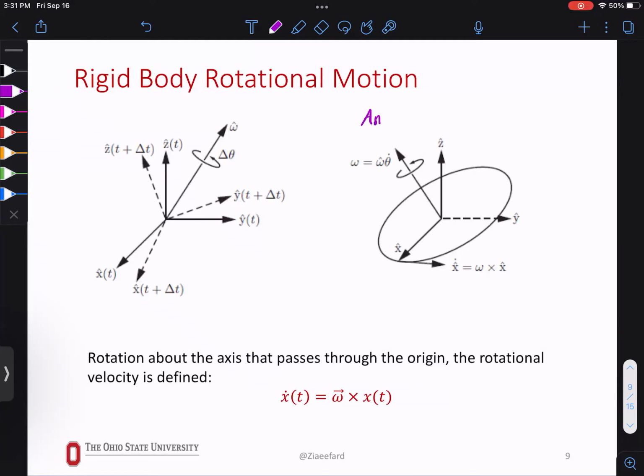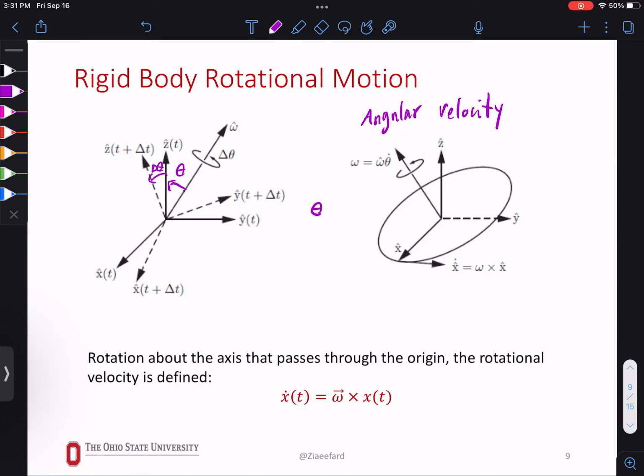Now, angular velocity happens because of the rate of change in the angle of rotation. So let's say you had angle theta at the beginning, and at time t plus delta t, you move delta theta. This rate of change will give us the angular velocity.